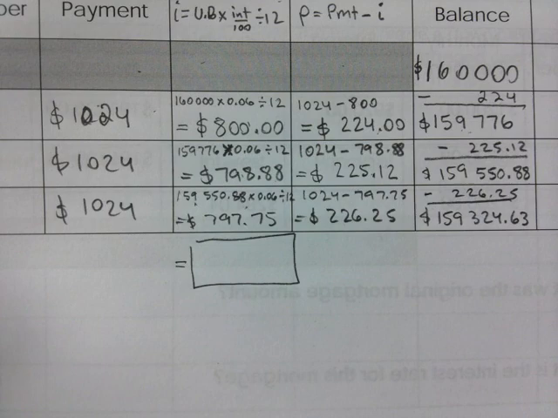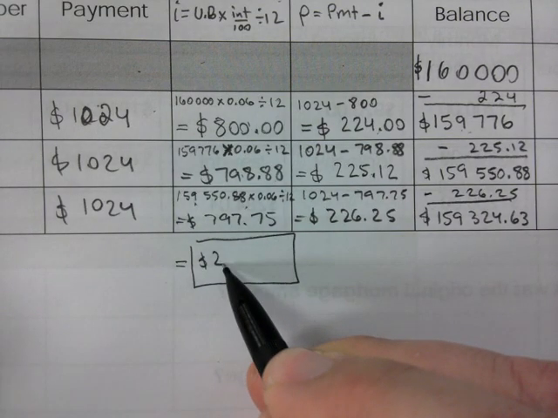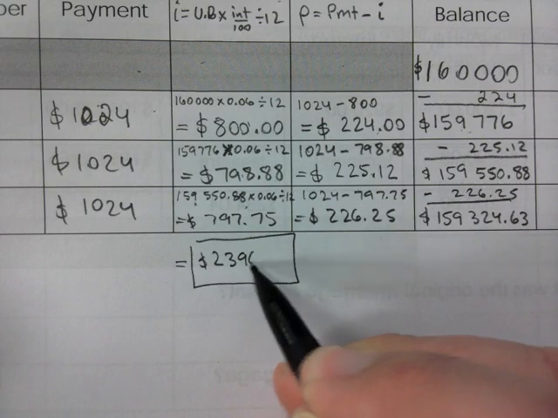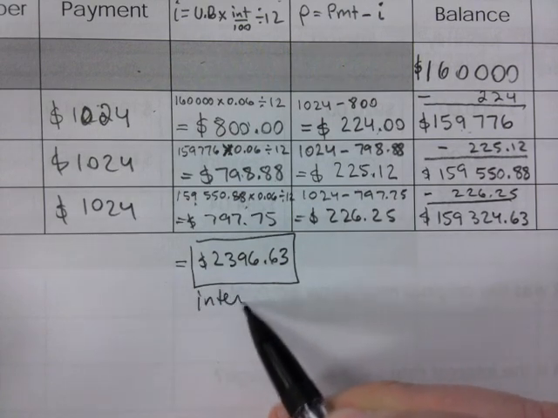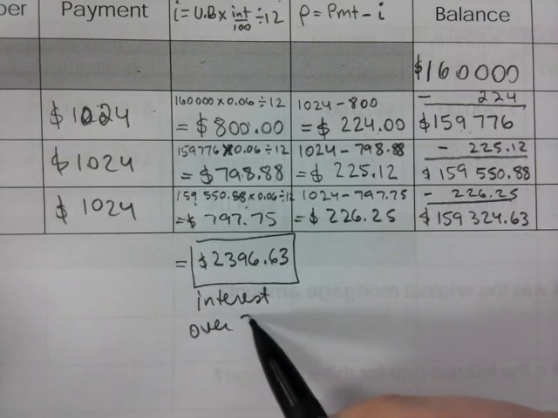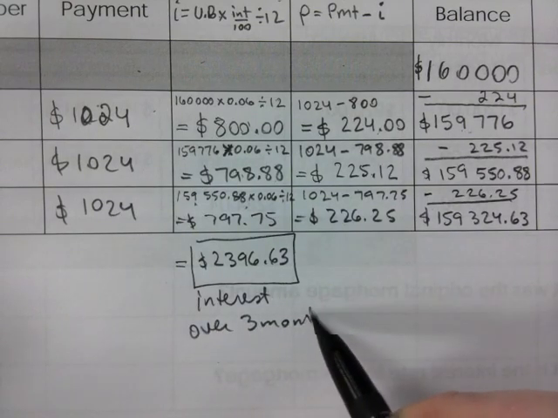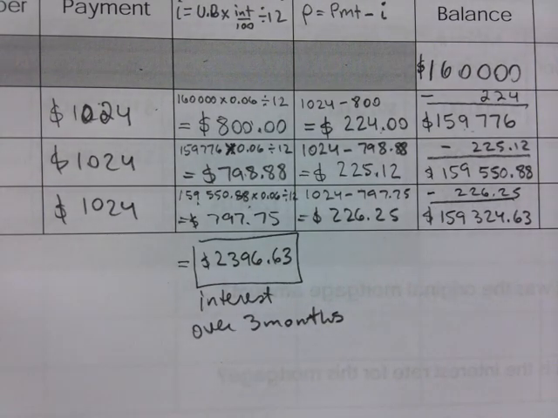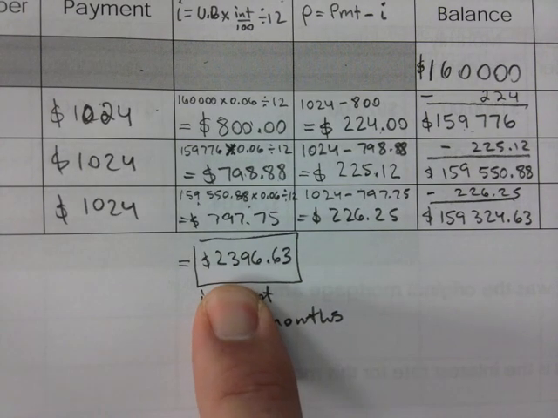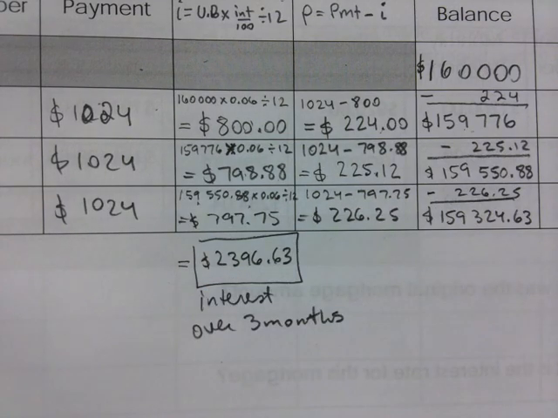You paid $2,396.63 interest over 3 months. How much did you pay payment wise? It's about $3,000. 2,400 of that is interest. That's gone. That's their profit.